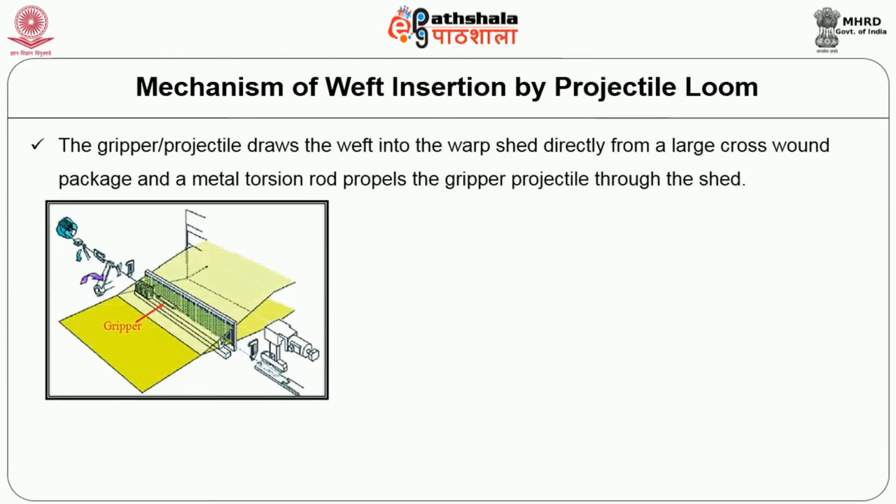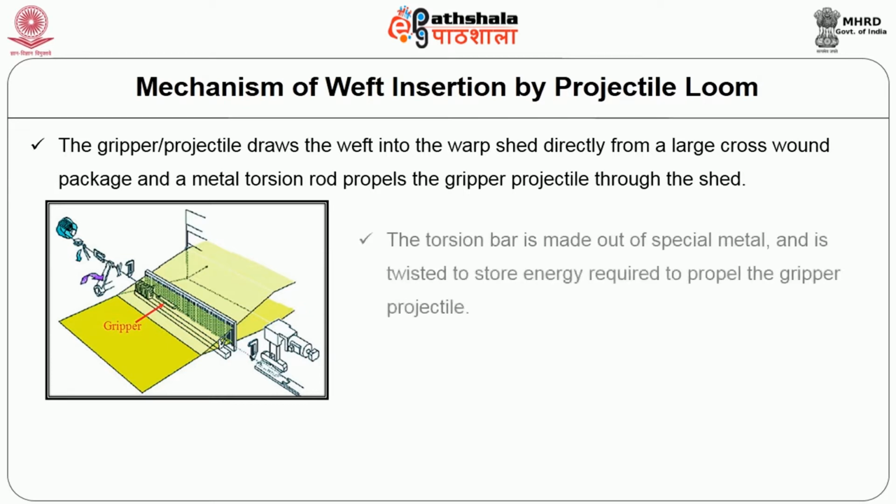The gripper or projectile draws the weft into the warp shed directly from a large cross-wound package, and a metal torsion rod propels the gripper through the shed. The torsion bar is made out of a special metal and is twisted to store energy required to propel the gripper projectile.